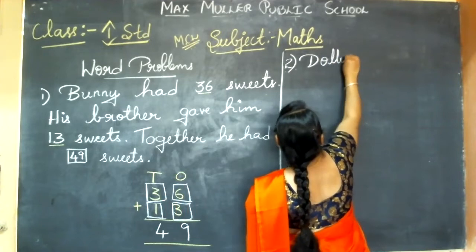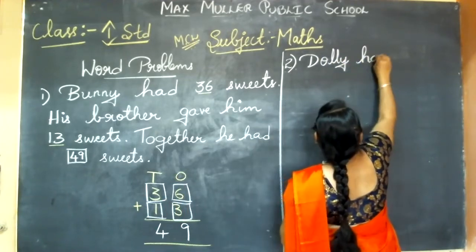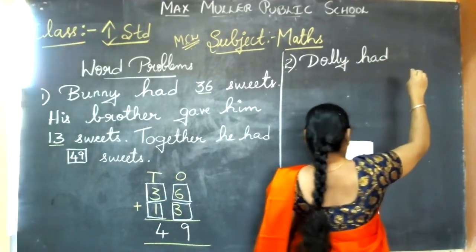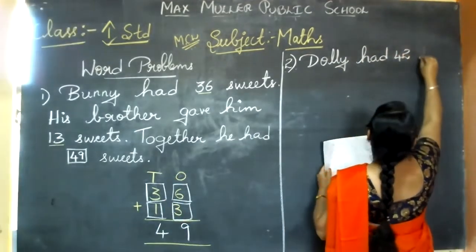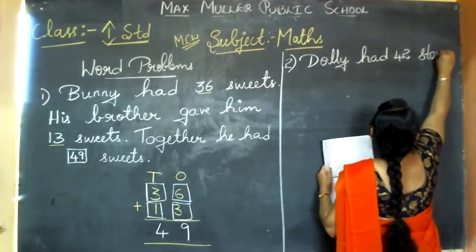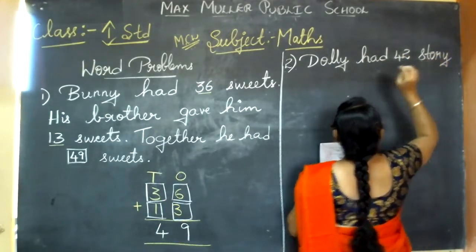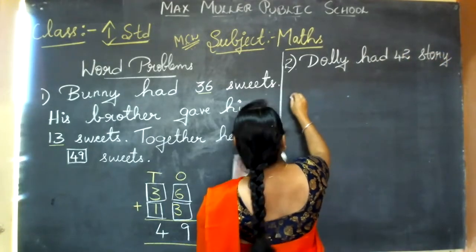Dolly had 42 storybooks. Dolly had 42 storybooks.